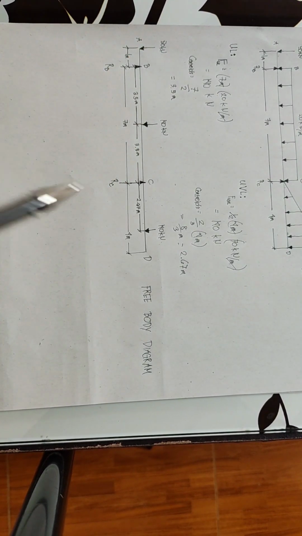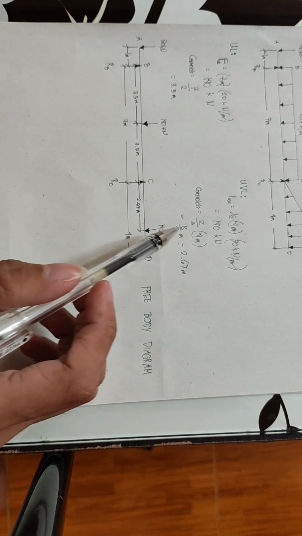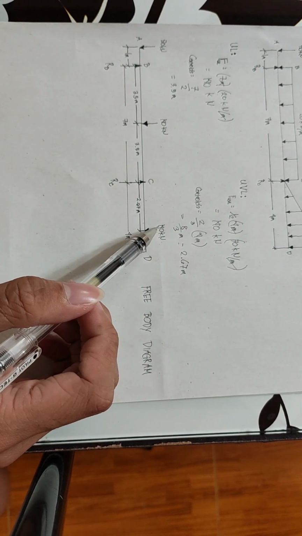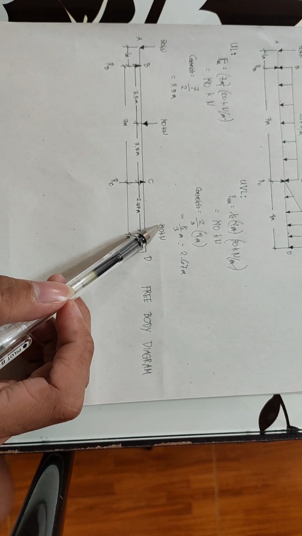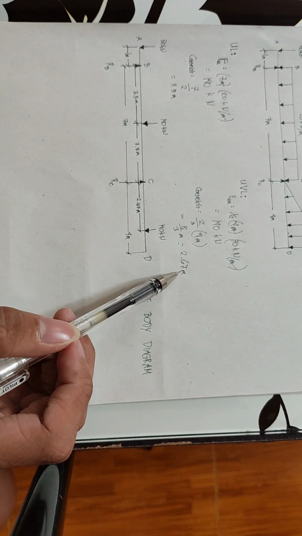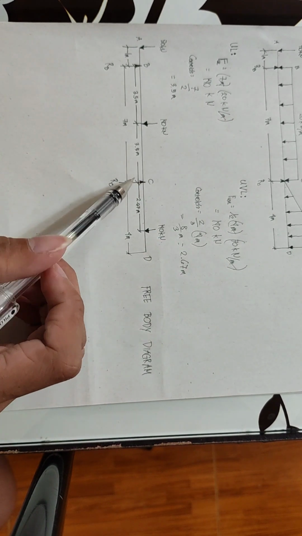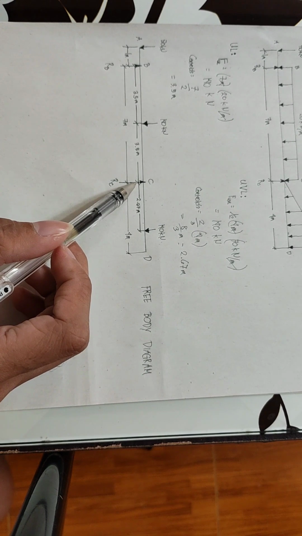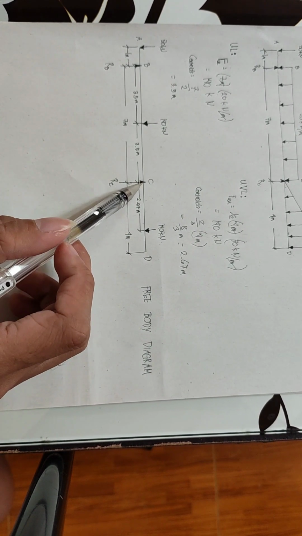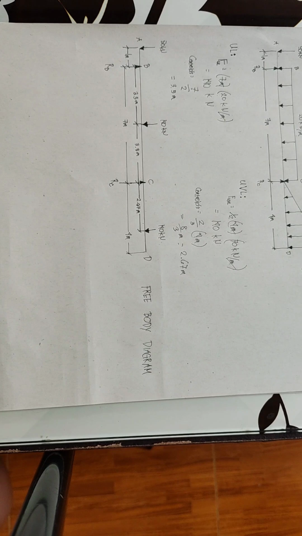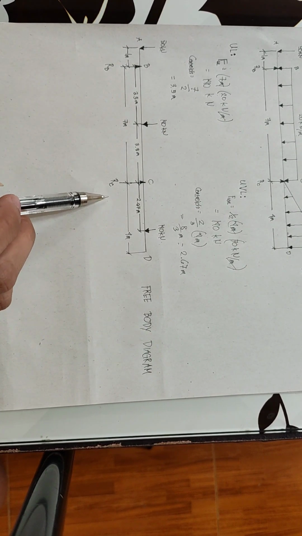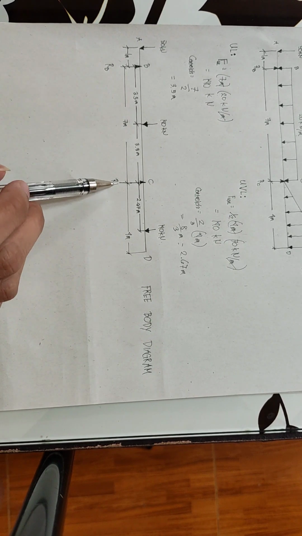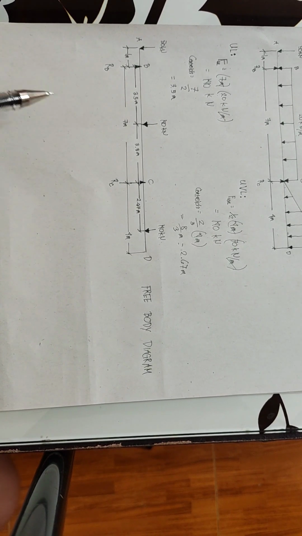While for the uniformly varying load, we get a 140 kilonewton force, and we find that its centroid is located 2.67 meters from point C. So here it has a distance of 2.67 from point C. As you can see, we have two unknowns. To solve these unknowns, we are going to do a moment and also a summation of forces.